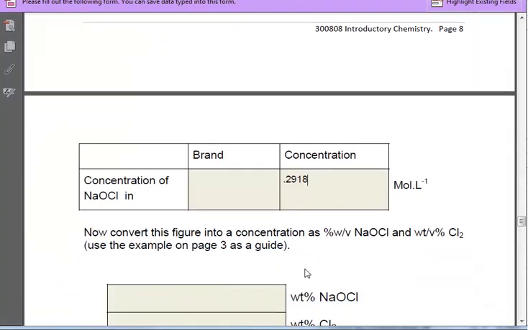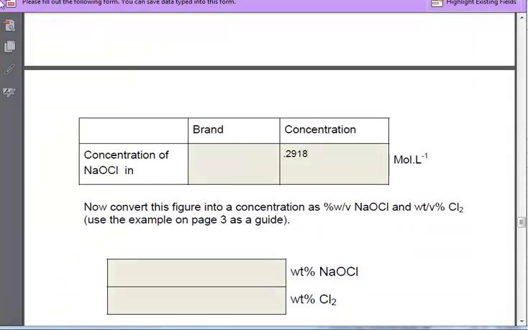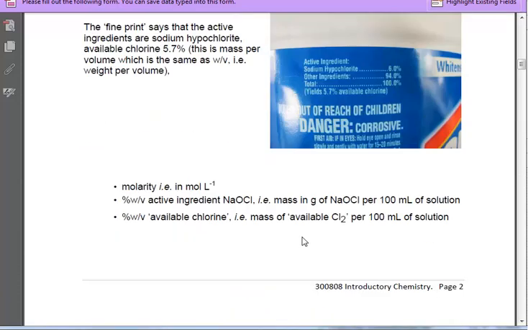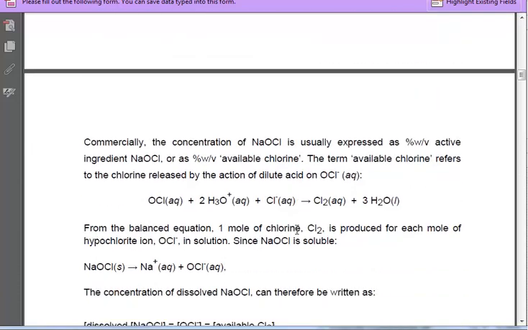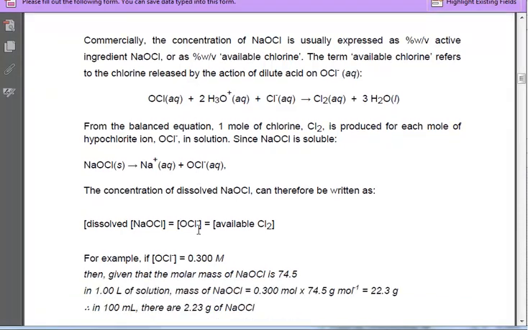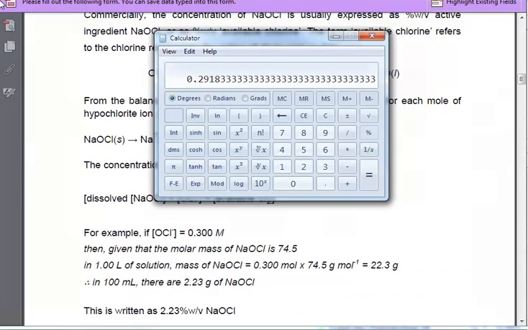Now we're going to convert that into a weight percentage. Okay, now let's go back to the original part of the early pages to convert our moles per litre into weight percent of dissolved sodium hypochlorite. What we do is we take the concentration 0.2918 and we multiply it by the molar mass of sodium hypochlorite, which is 74.5.